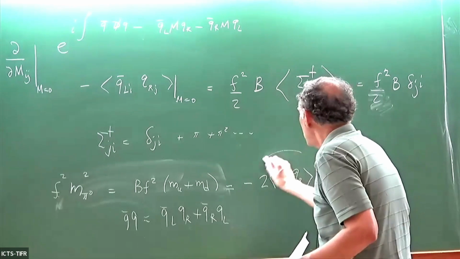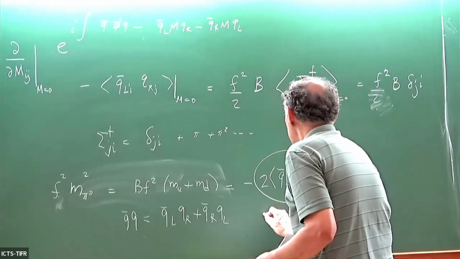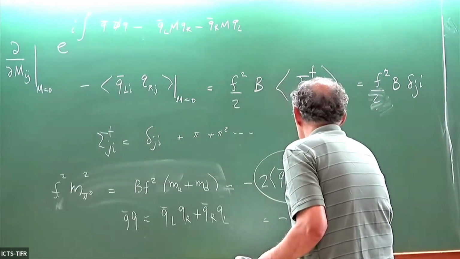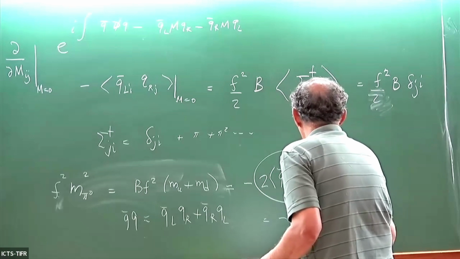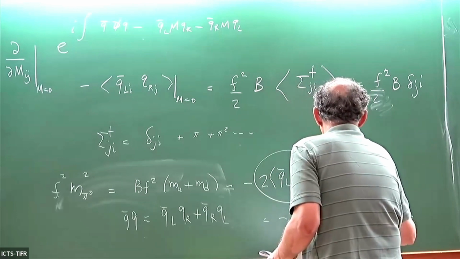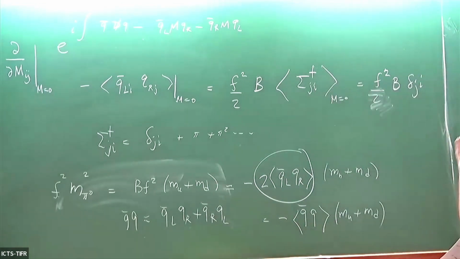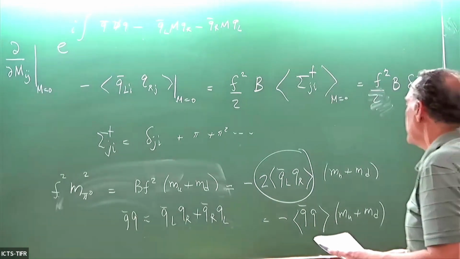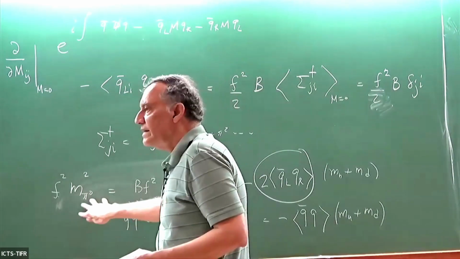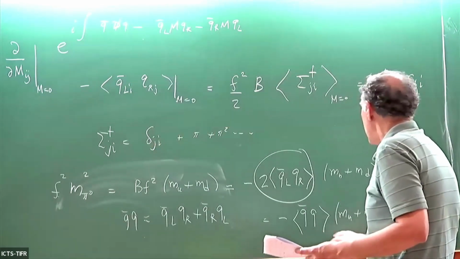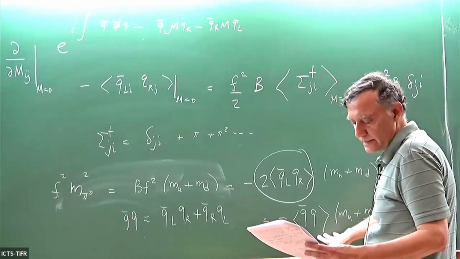So twice q bar left q right is the same thing. So this is the same thing as minus the expectation value of q bar q, times (m_u plus m_d). So this is a famous relation by Gell-Mann, Oakes, and Renner, which says that f pi squared m pi squared is the quark mass times the value of the condensate.